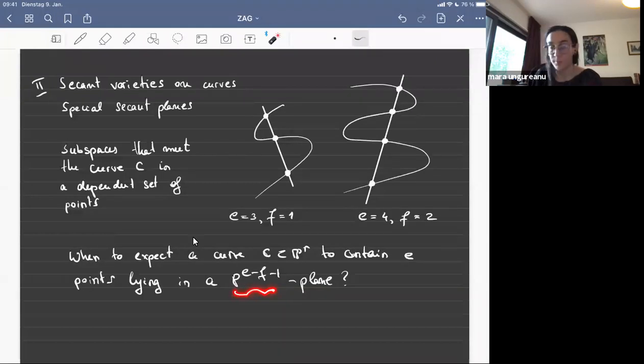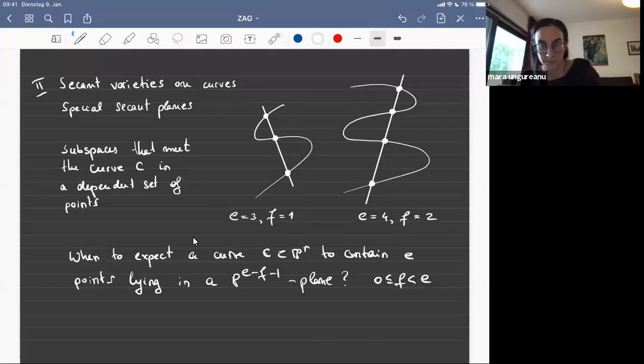Again, 4 minus 2 minus 1 is equal to 1. So you can see now that I'm not considering just the case that I had before. I'm considering slightly more possibilities. I give myself a bit more parameters that I can look at. And of course, I need to impose that 0 is at most f, and f is strictly less than e.